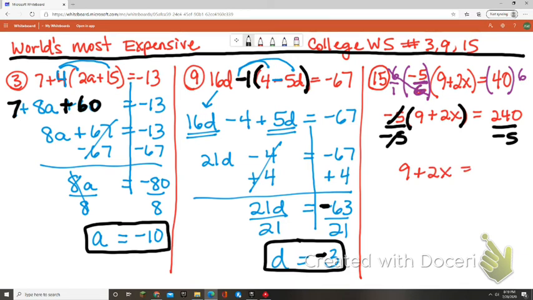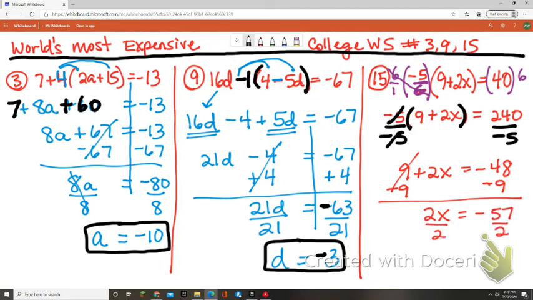equals negative 48, and now we can solve this problem. So I can subtract 9 from both sides because I always want to undo addition or subtraction first, and I get 2x equals negative 57, and then I divide both sides by 2.